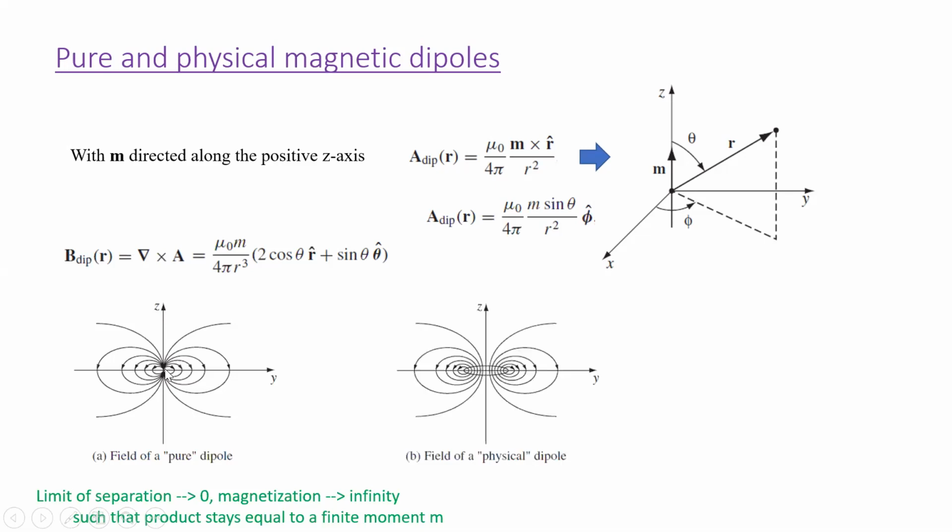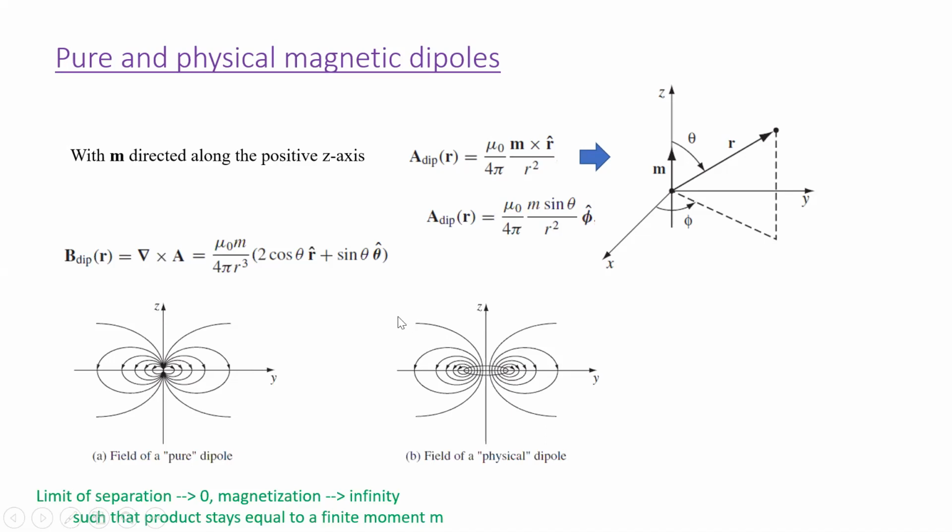So a real physical dipole, which has a finite size, either a current ring or a bar magnet, is going to deviate from the pure dipole near the origin, where the actual physical object is, whether it's a current ring or a bar magnet.